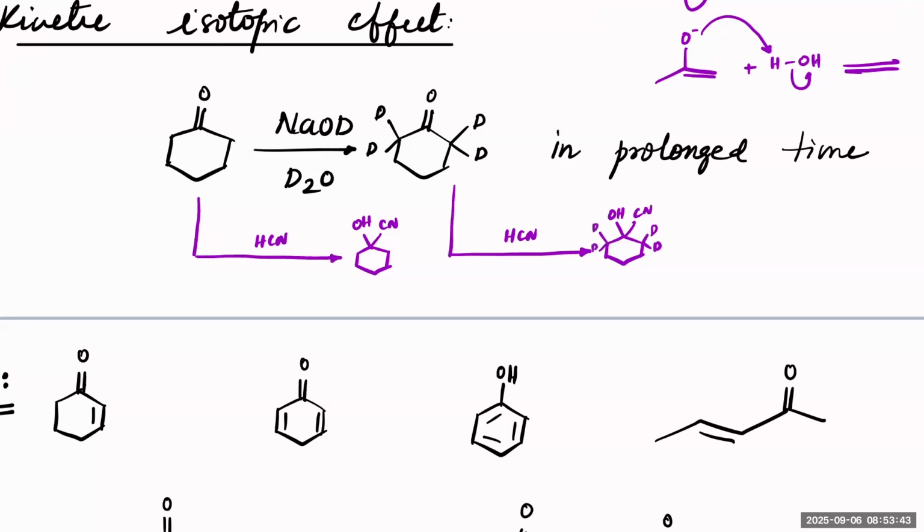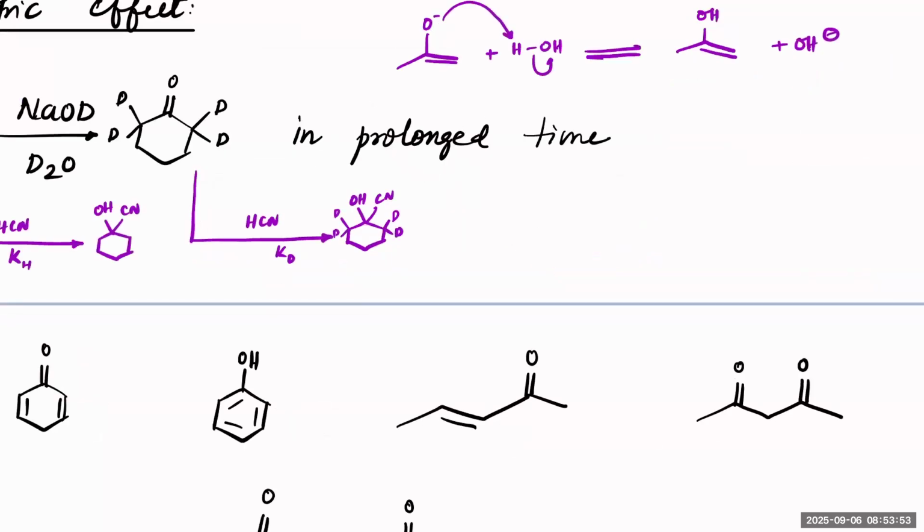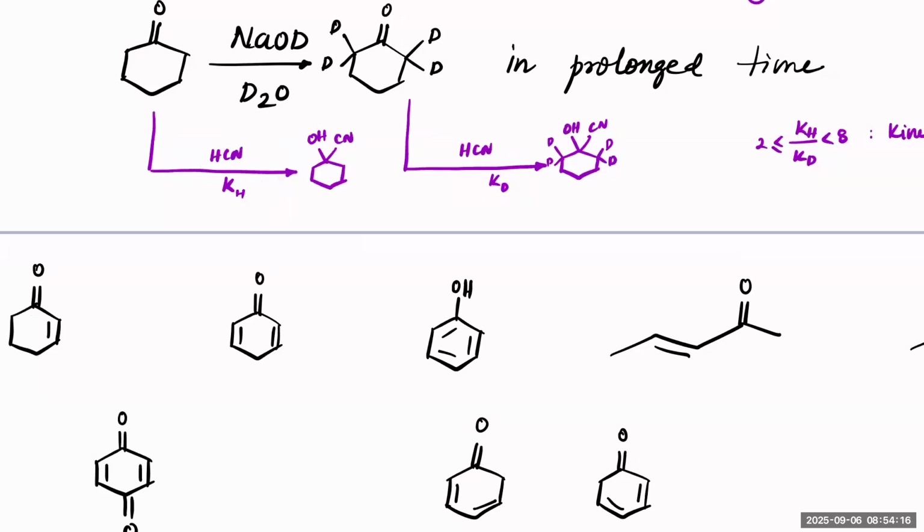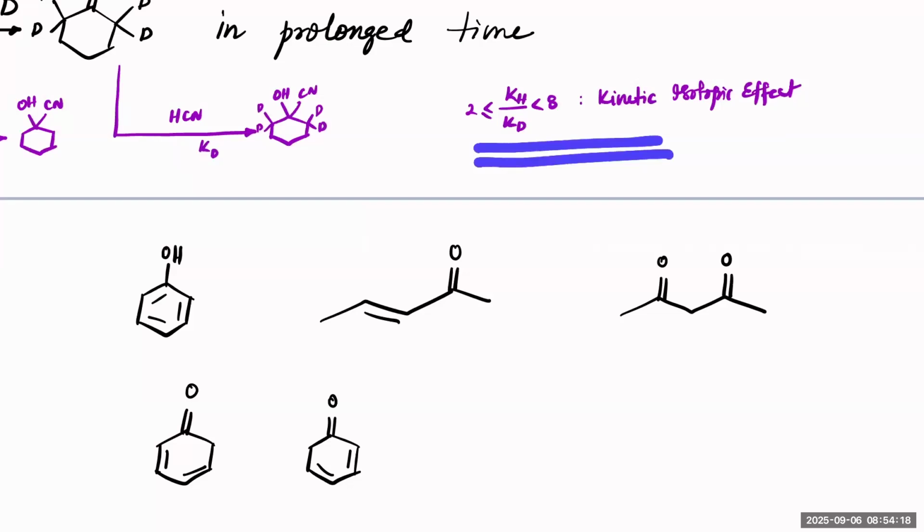If the rate constant for this reaction is KH, and here the rate constant is KD, then KH by KD, if the ratio is greater than 2, then we say it has kinetic isotopic effect. Then we say the reaction possesses kinetic isotopic effect.